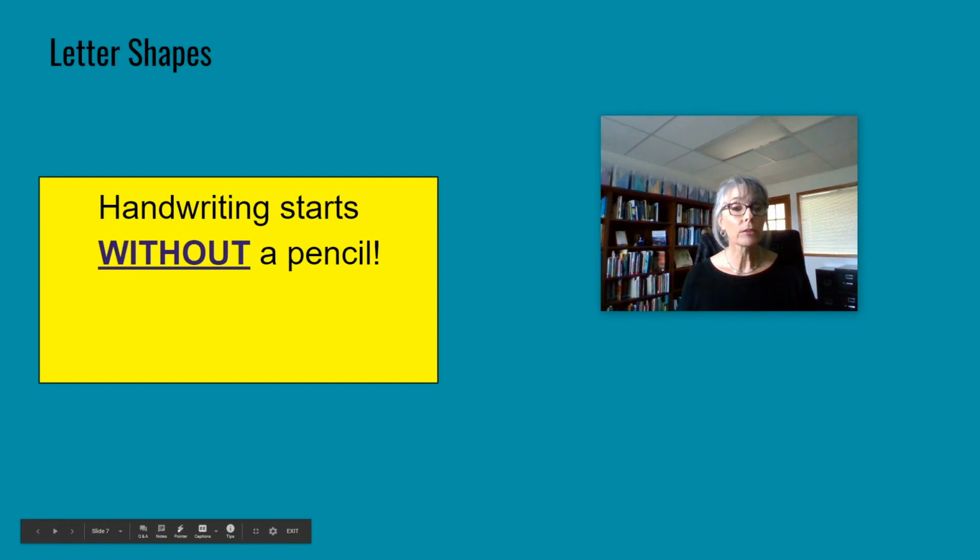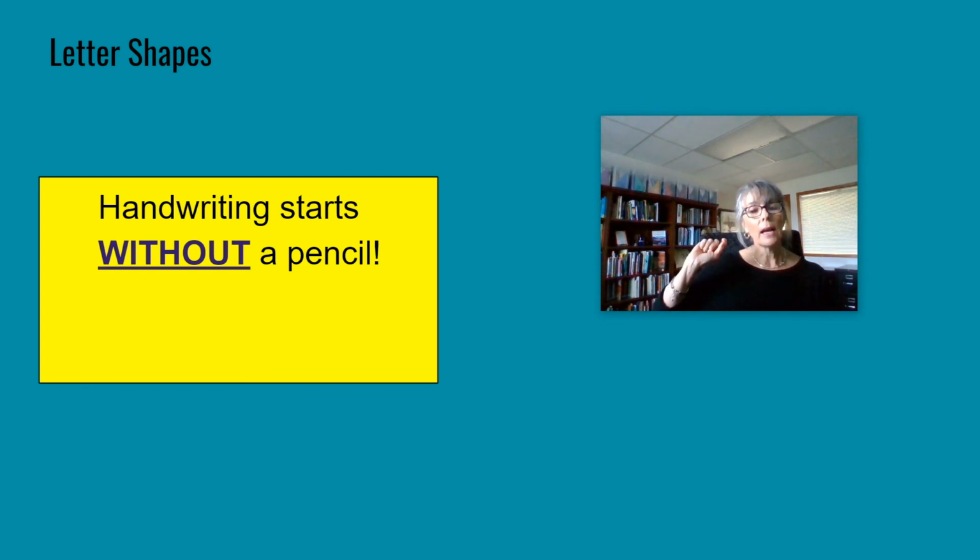Now, not only are we learning the letter names, but we are learning the shapes of the letters. And we teach the letter shapes without a pencil first. We do lots of activities with our students to teach the shape of the letter. So the teacher may have the students writing in the air with their pointer finger. They may be tracing the shape on sandpaper or on the carpet.